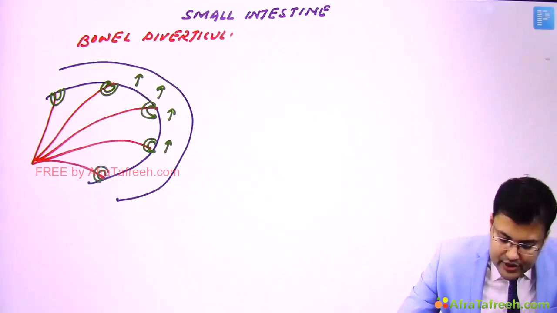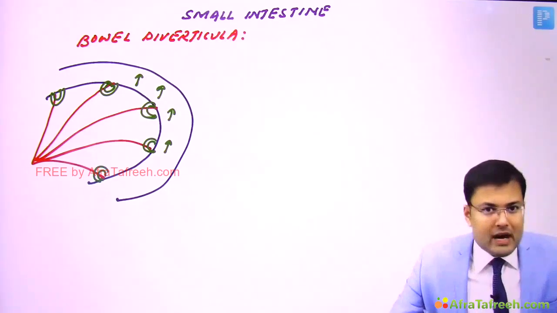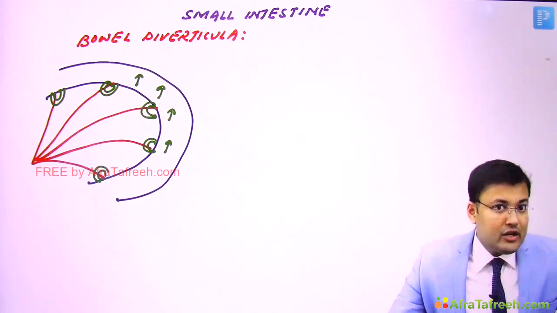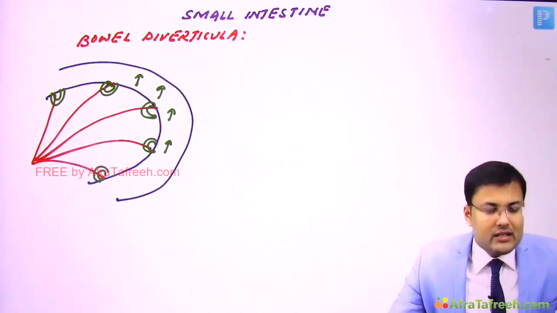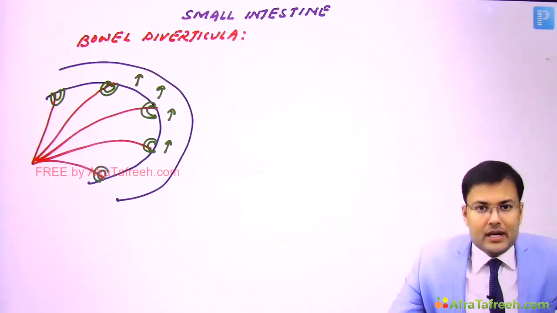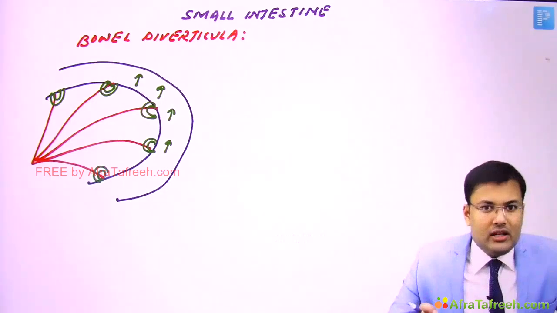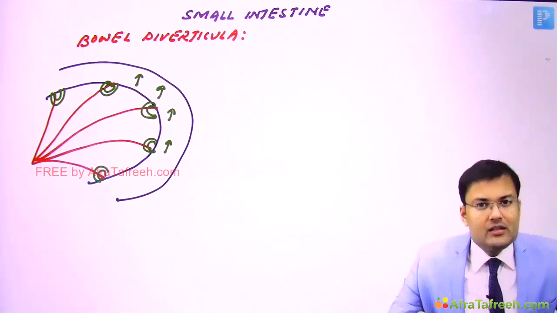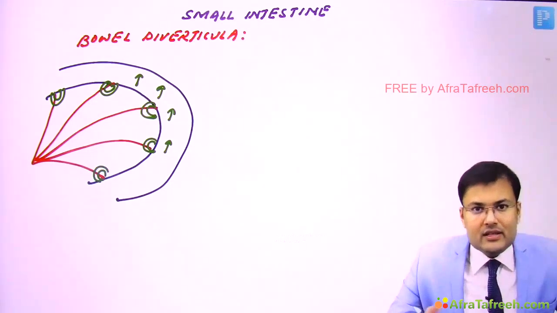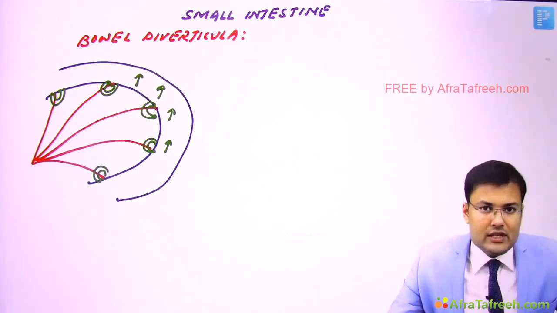Clear? So here you can see most of the bowel diverticulas are congenital or acquired, single or multiple, true or false. True means if it contains all three layers: mucosa, submucosa, muscularis propria. False means if it contains only two layers, mucosa and submucosa.